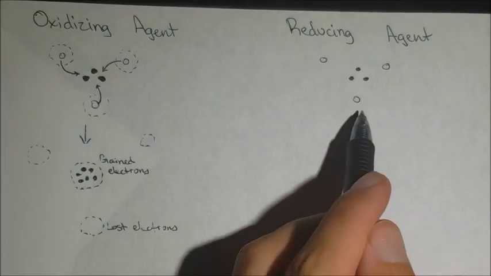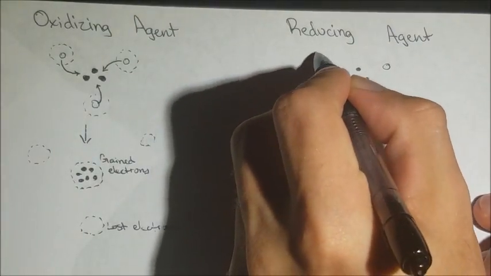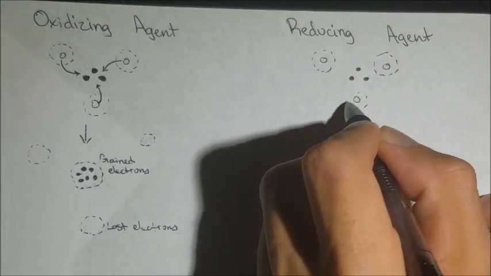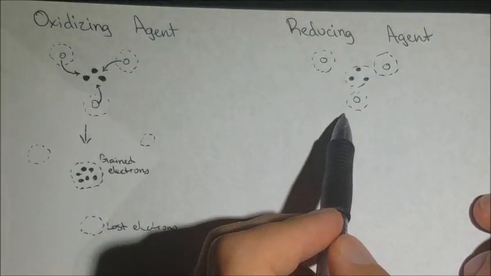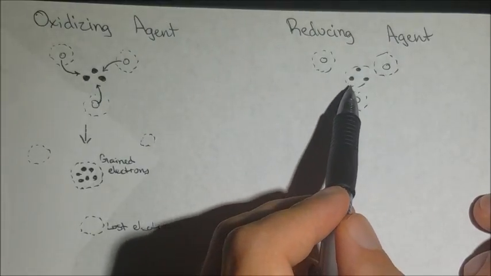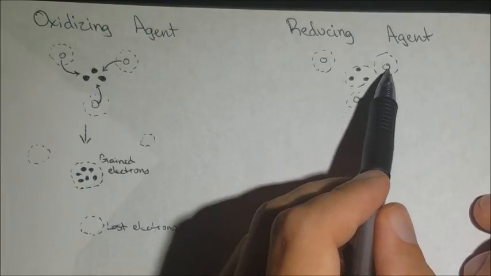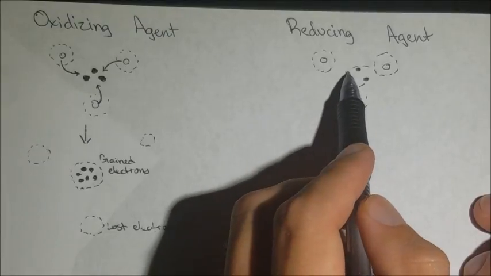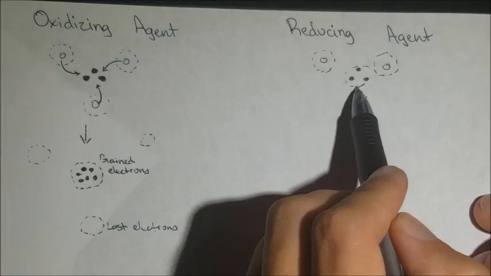All right, so let's go over to the reducing agent. And let's go ahead and construct a similar situation. So I've got a few different atoms here. Okay, let's suppose that these are some surrounding electrons and let's say these are surrounding atoms, and they have electrons here. And this is an atom that corresponds to the reducing agent.